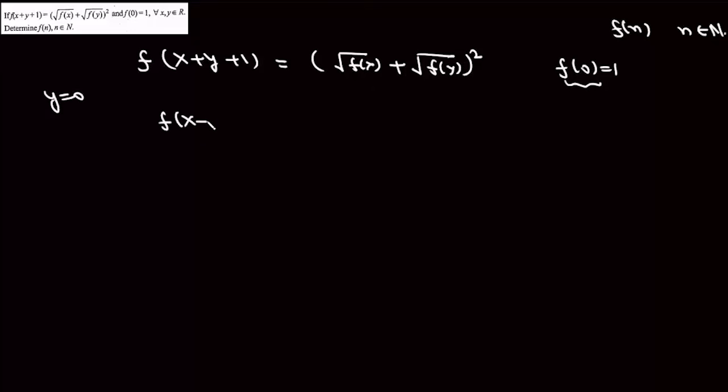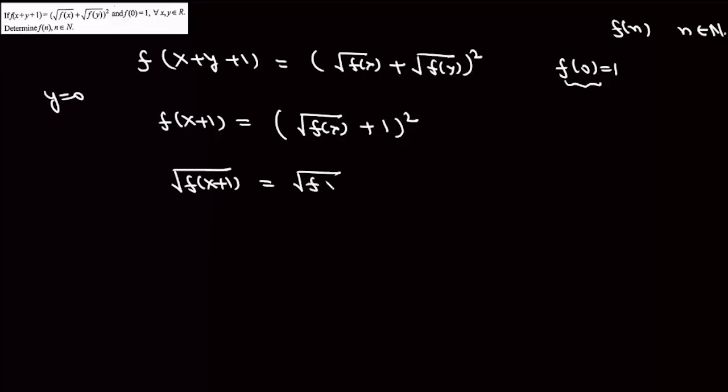We can write f(x+1) will be equal to (under root f(x) plus under root f(0), and f(0) is 1, so it will be 1) whole square, and it will be under root of f(x+1) will be equal to under root f(x) plus 1, which we can write as under root f(x+1) minus under root f(x) is equal to 1.